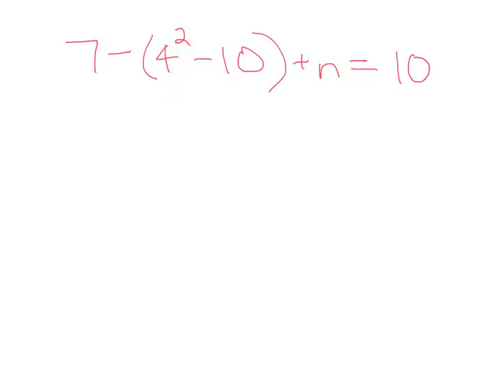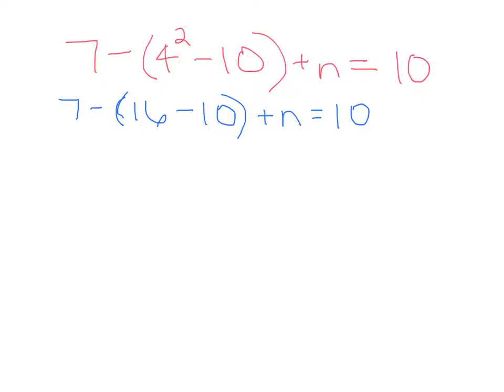Let's simplify the equation. So we look at the problem, it says 7 minus 4 squared minus 10 plus n equals 10. So we first want to start inside of our parentheses, so we leave the 7 minus, then we have 4 squared, which is 16, minus 10, close parentheses, n equals 10.